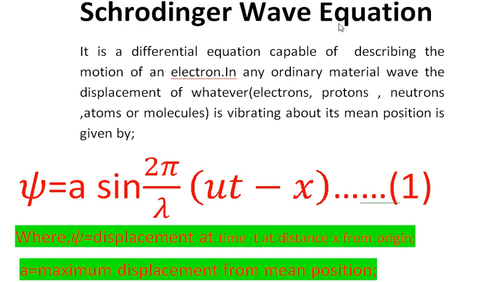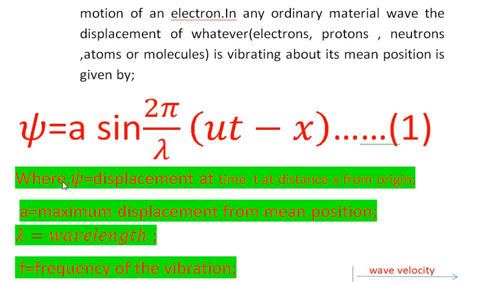Okay, Schrodinger wave equation. It is a differential equation capable of describing the motion of an electron. In any ordinary material wave, the displacement of whatever electrons, protons, neutrons, atoms or molecules is vibrating about its mean position is given by psi equals A sine 2 pi upon lambda (ut minus x), where psi equals displacement at time t, distance x from origin.